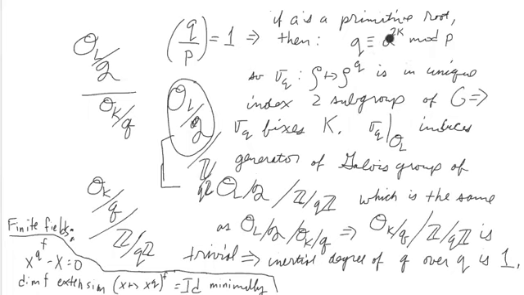So if you take a primitive root, a generator of that multiplicative cyclic group, you'll get all even powers of it, that's the unique index 2 subgroup. And if Q is a square, that's like saying Q is in that subgroup. So this automorphism right here that sends zeta to zeta to the Q is in that unique index 2 subgroup, which means that it will fix K. So what we've just shown is that Q being a square mod P is the same thing as saying that the automorphism sigma Q fixes K.